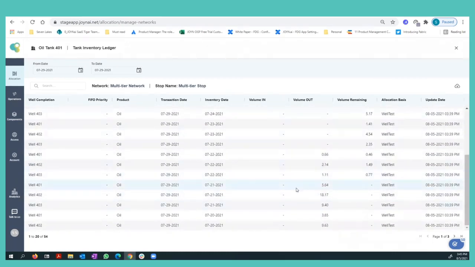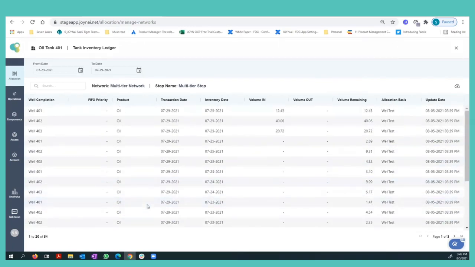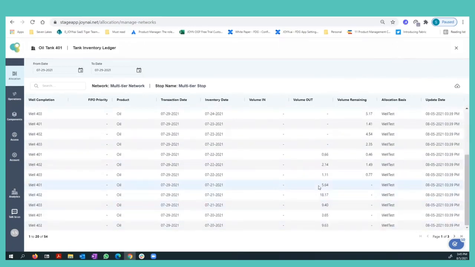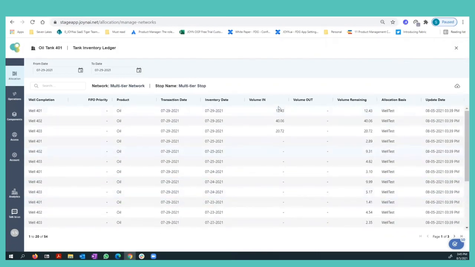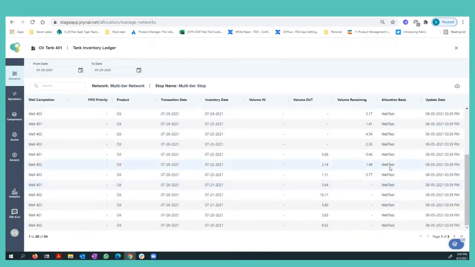What I would do next is enable FIFO override for 401, which means that for the first draw out of 176 barrels, all the inventory belonging to well 401, including the production on the day of allocation, is going to be drawn out first, and only then would the draw out start happening for the rest of the well inventories, which is 402 and 403.